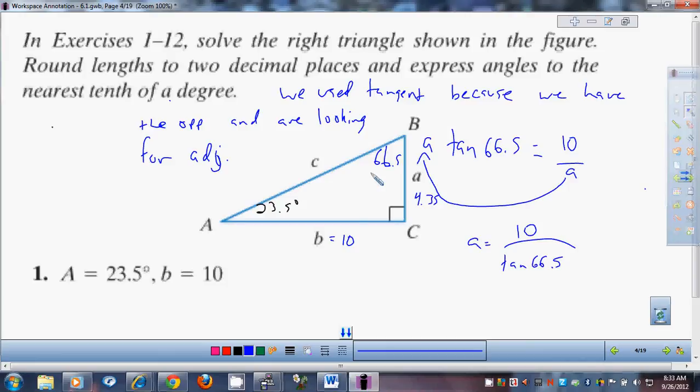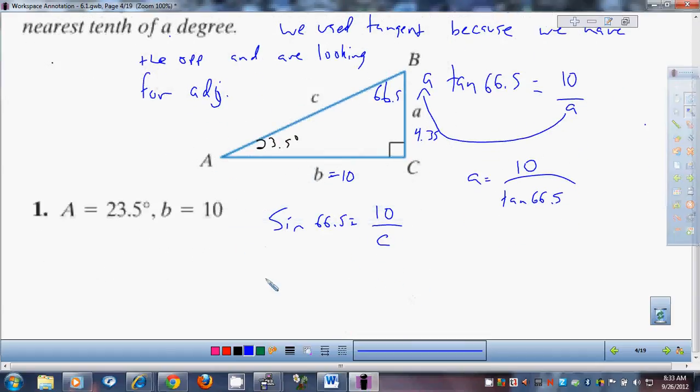So, from a 66.5, which side is B? Opposite. And which side is C? Big H word. Hypotenuse. Which trig function uses opposite and hypotenuse? Sine. So sine 66.5 equals opposite over hypotenuse. And just like the last part, those two are just going to flip.